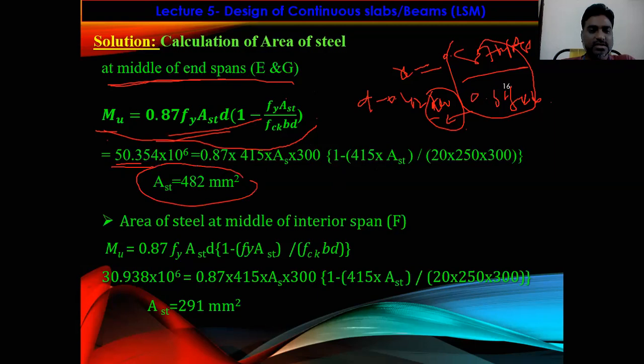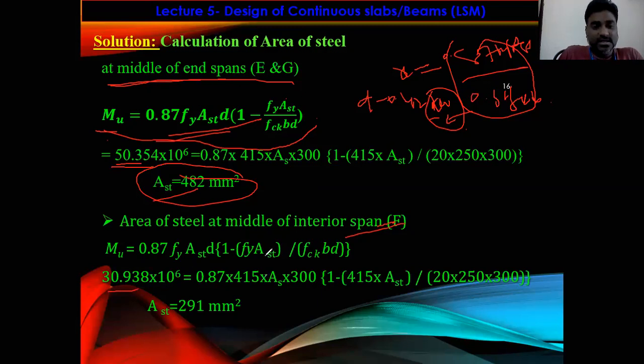From this equation you will get the area of steel required as 482 mm². And for the area of steel at the middle of interior span, that is at F, the bending moment is 30.938 kNm. Use the same equation, but the bending moment is different.